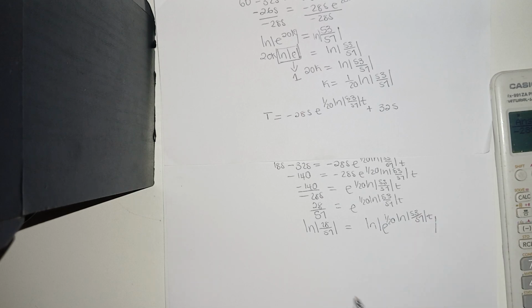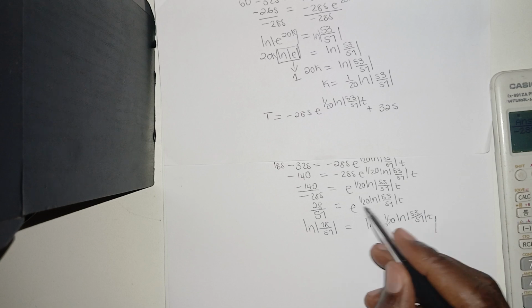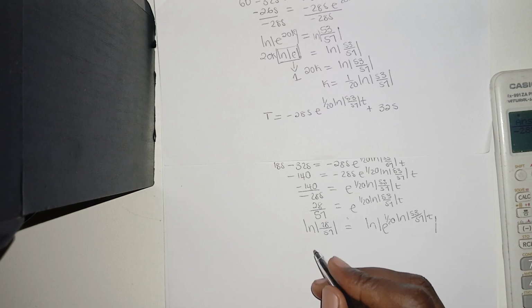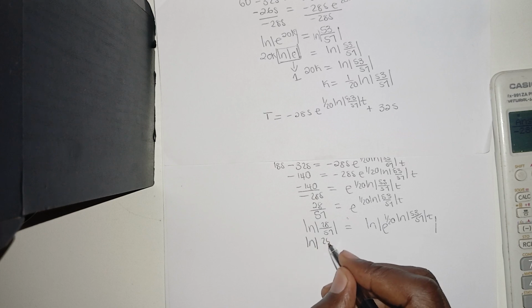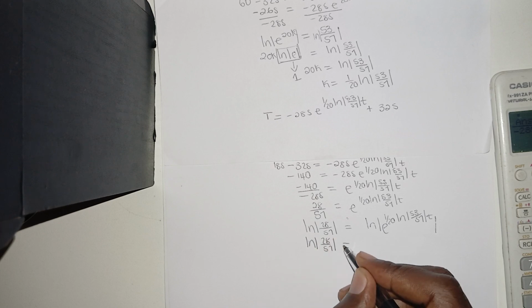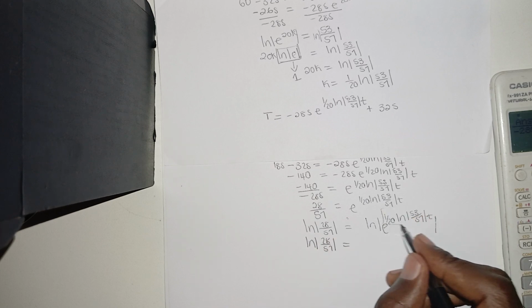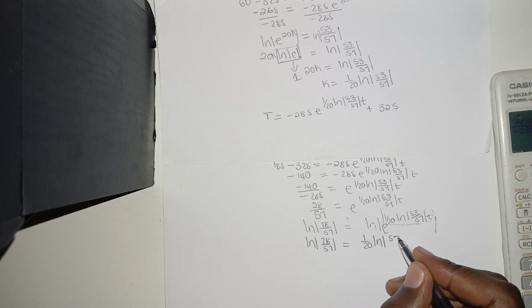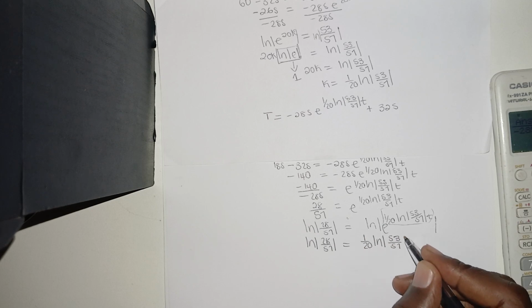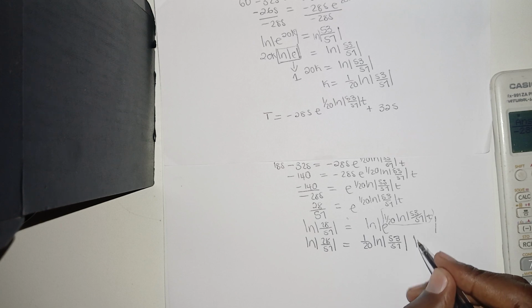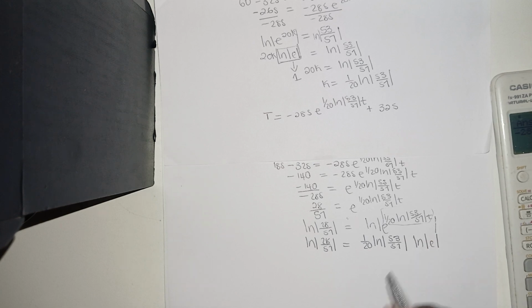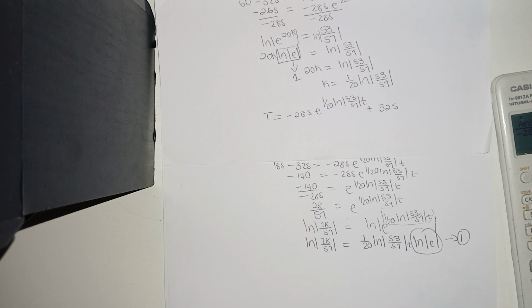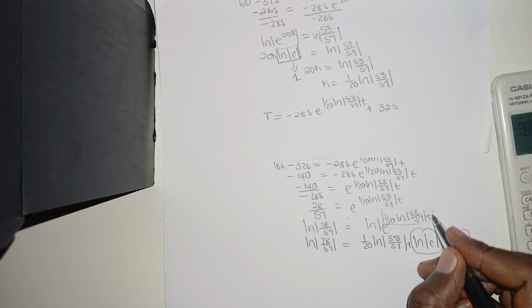Now we know the rule: the exponent comes up front, so it's going to be 1 over 20 ln of 53 over 57 times t, then ln of e, which is proven to be 1. I hope you get that.